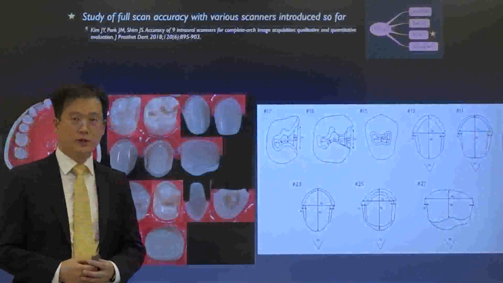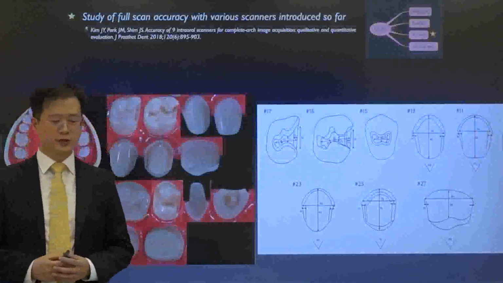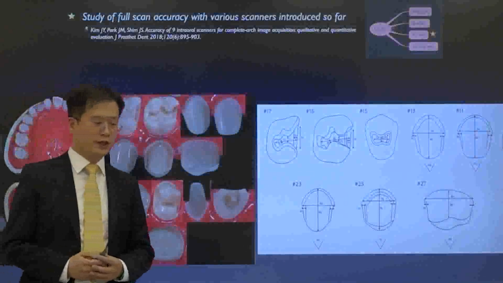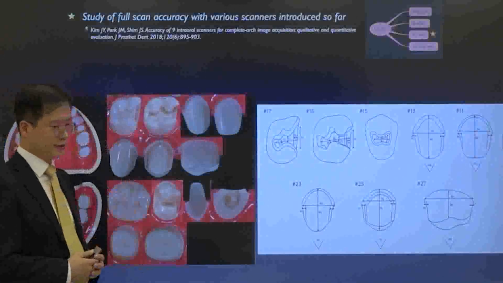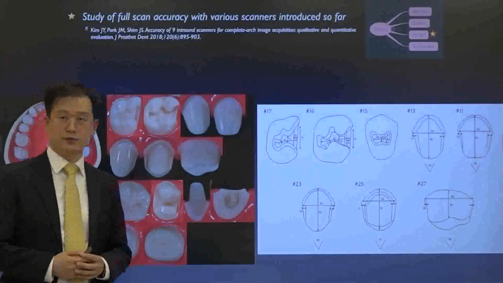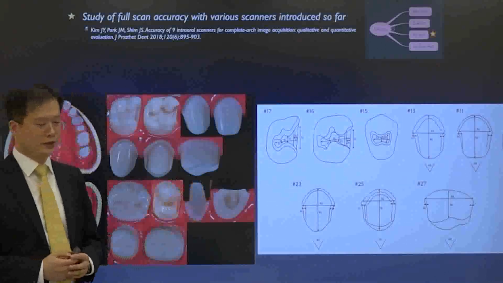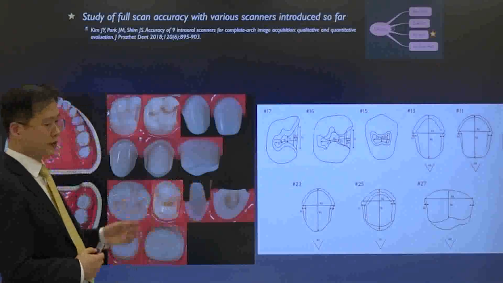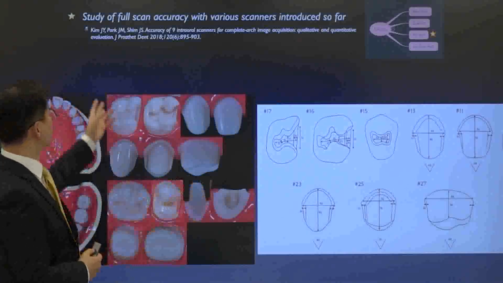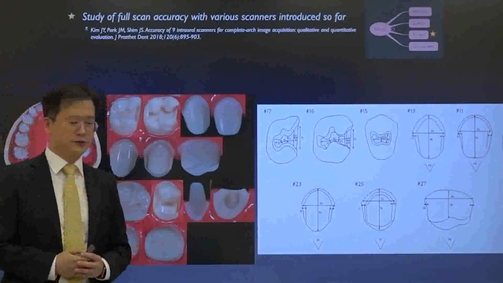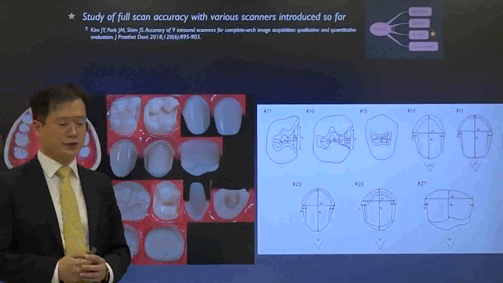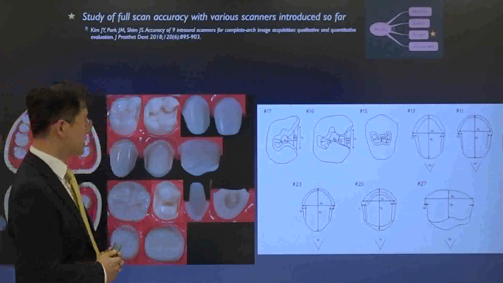You may worry about the accuracy of intraoral scan data. I performed a complete arch scan of the phantom model with precisely machined abutment teeth. You can see this article in the JPD Art Journal, which is a prestigious journal in the field of prosthodontics.